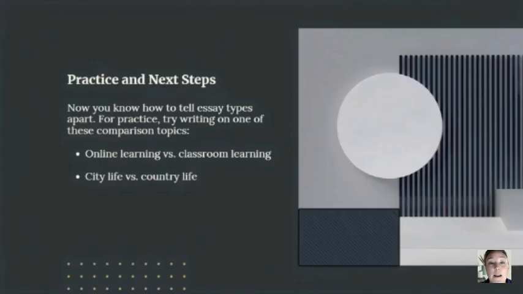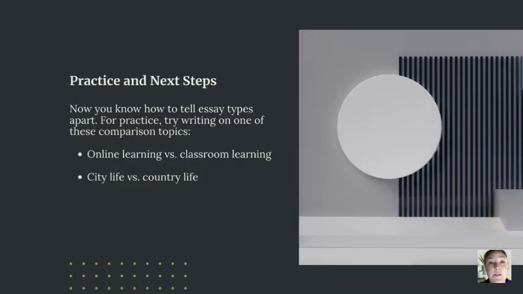For practice, try writing on one of these topics like online learning versus classroom learning or city life versus country life if you want to practice the structure of a comparison essay, writing out your ideas. I suggest that you choose one of these topic types and start brainstorming all your ideas about the essay. Next, I'll show you how to turn what you've completed for the brainstorming into a plan for your own comparison essay.